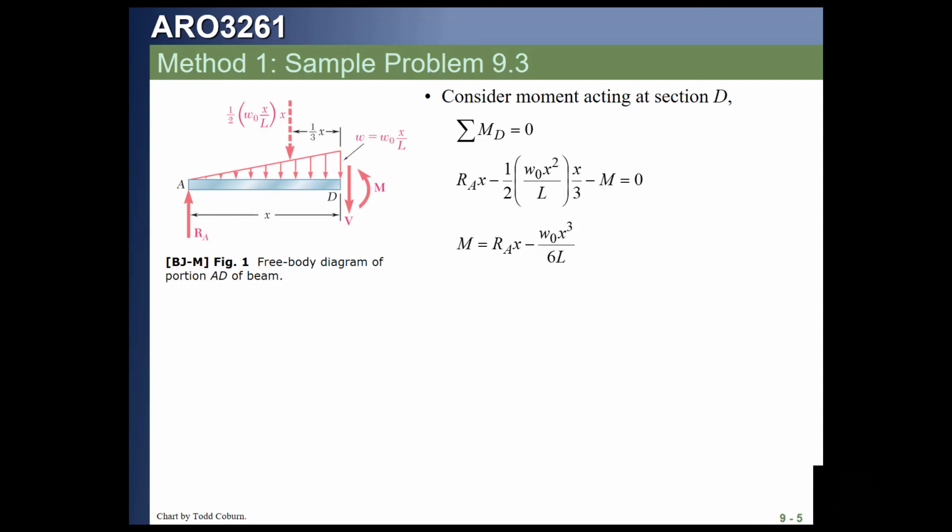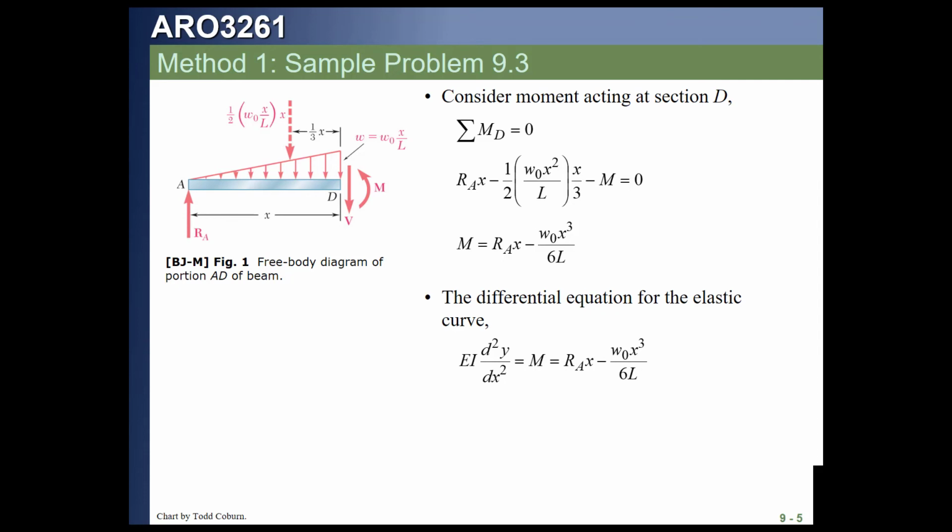That's why it's W0 x squared over L. It's located x over 3. And then we have the moment term on the right end, which is now in the negative direction of what we assumed. That's got to be equal to 0. We then can apply algebra to solve that for the moment, and that's our function for M of x.